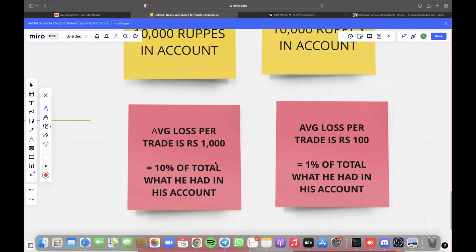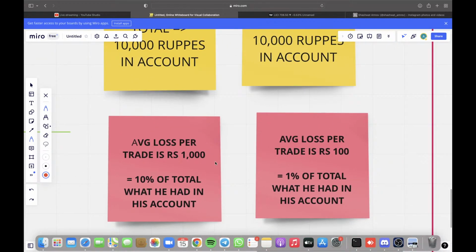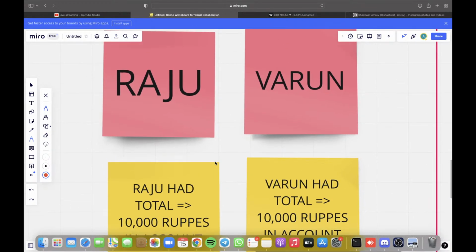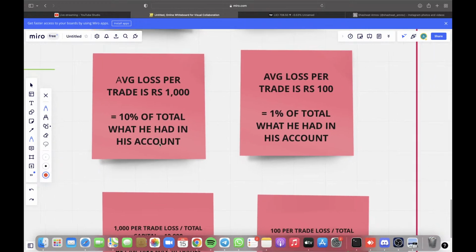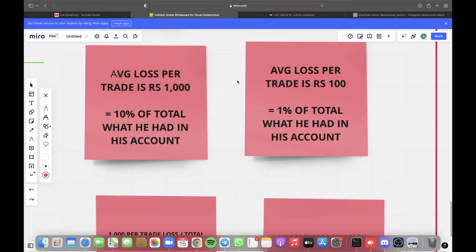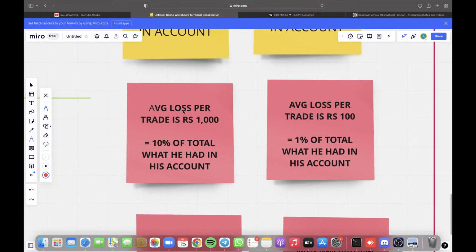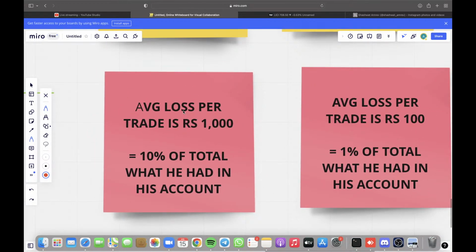Now tell me, who will end his journey first? Both have 10,000 rupees, Raju and Varun. Average loss per trade over here is 1,000. Average loss per trade over here is 100. Who will end his journey first, Raju or Varun?